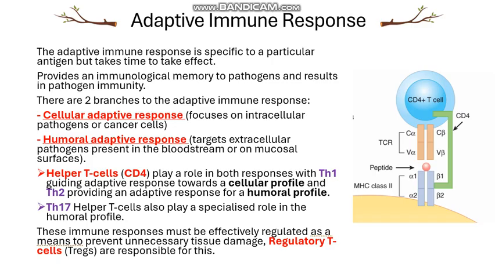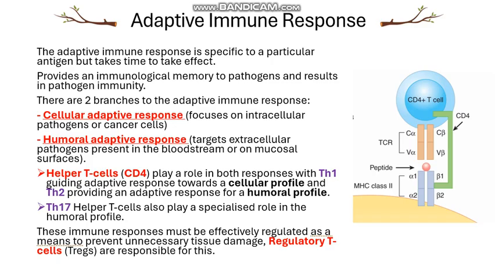So, getting on to actually some of the lymphoid cells in the adaptive immune system, we have these things called helper T cells, which are defined by having a co-receptor called CD4 next to their T cell receptor. So you can see on the image to the right here, the blue cell is the helper T cell, the CD4 plus T cell.